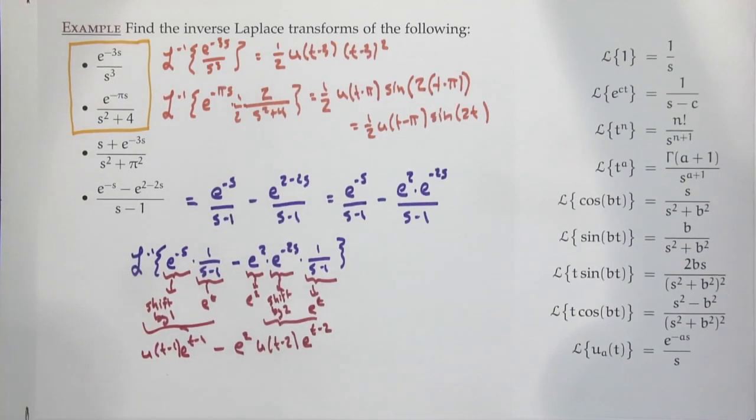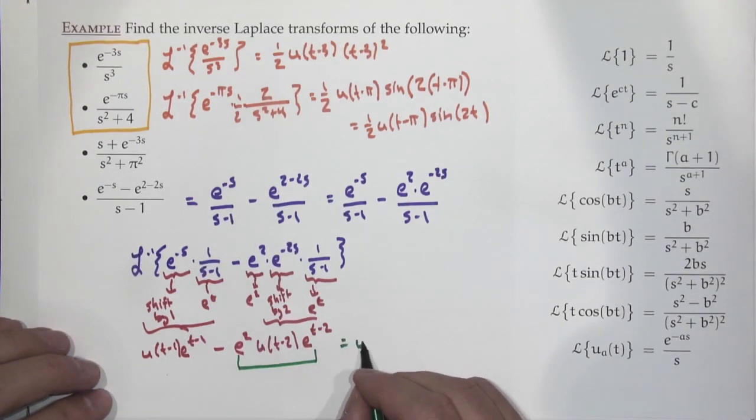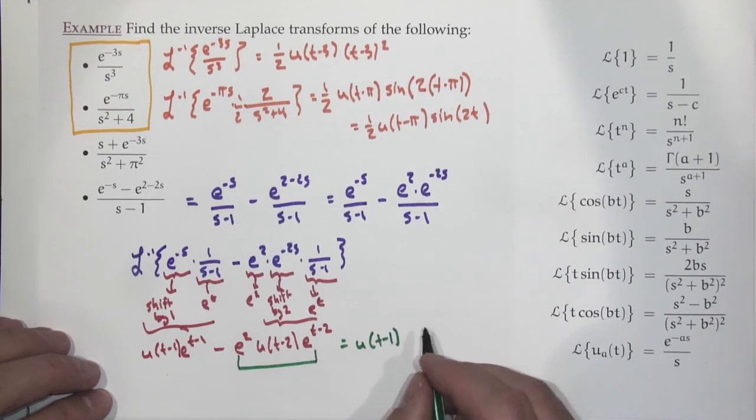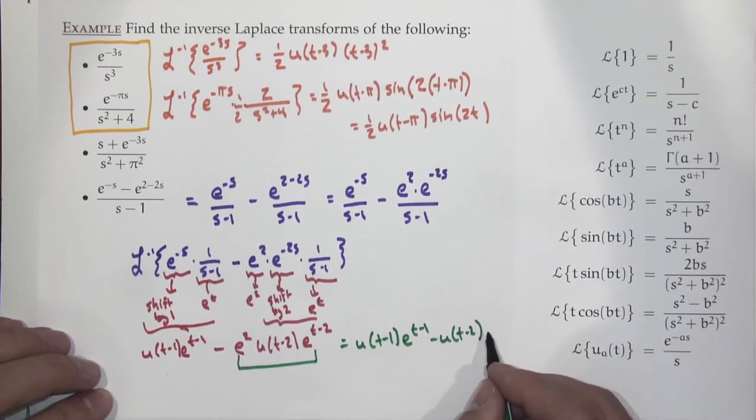Now, can we clean anything up? What happens when we combine those? The 2 and the minus 2 cancel out. So this can also be written as u of t minus 1, e to the t minus 1, and then minus u of t minus 2 times e to the t.